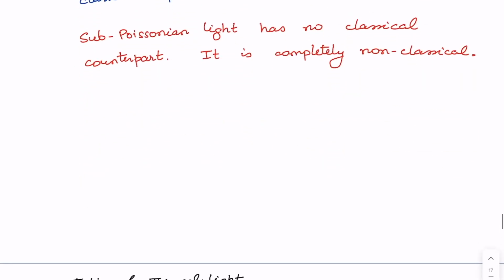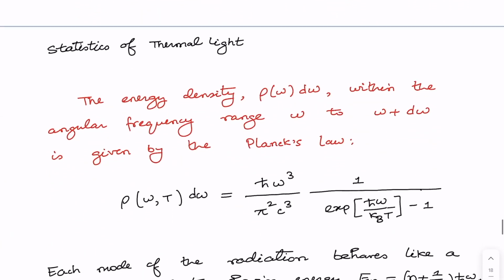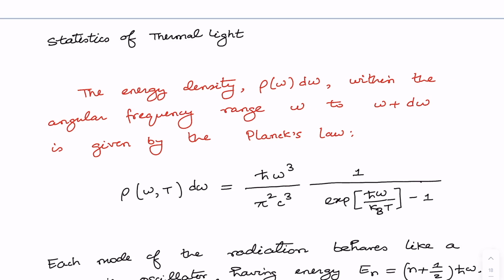You know that thermal light is the electromagnetic radiation emitted by a hot body, and it is also known as black body radiation.